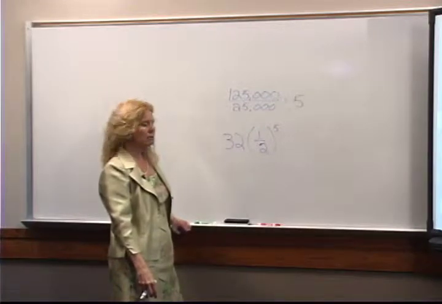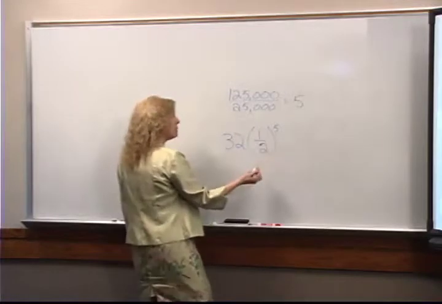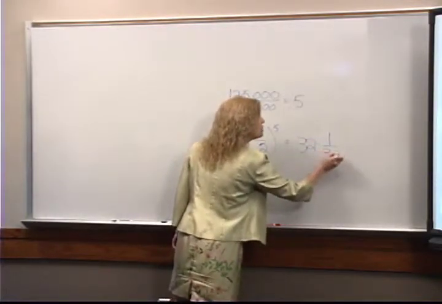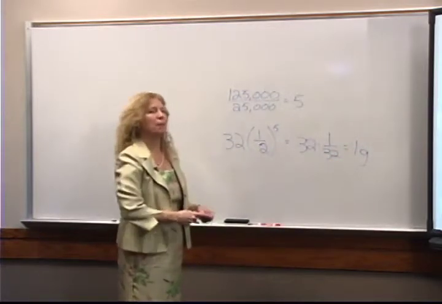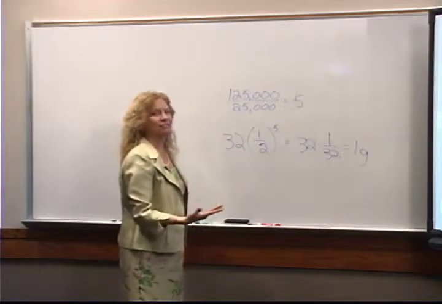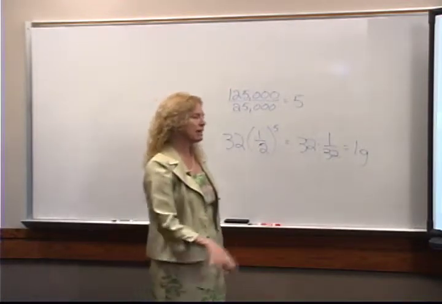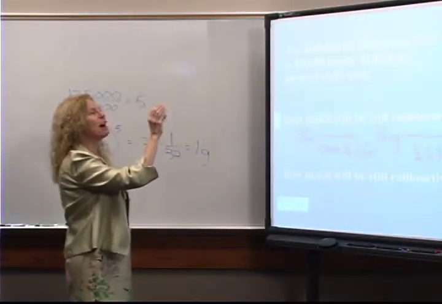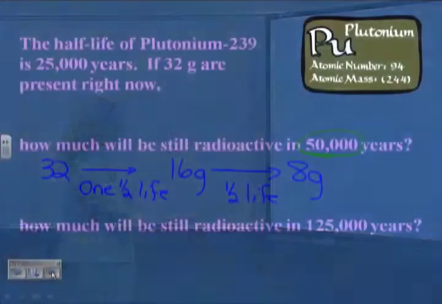Right? Well, do you realize that I can make that problem simpler then by saying, well, that'll be 32 times 1 over 32. I will have 1 gram still radioactive. The other 31 has decayed into something that's either a 238 or, you know, some other isotope of plutonium that is going to be a little more stable.